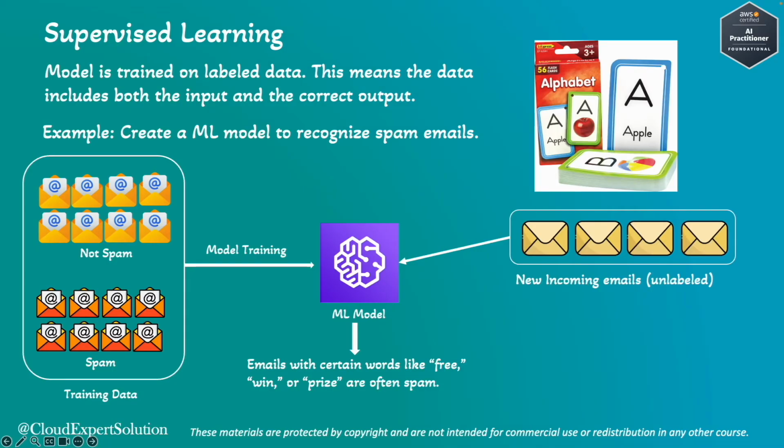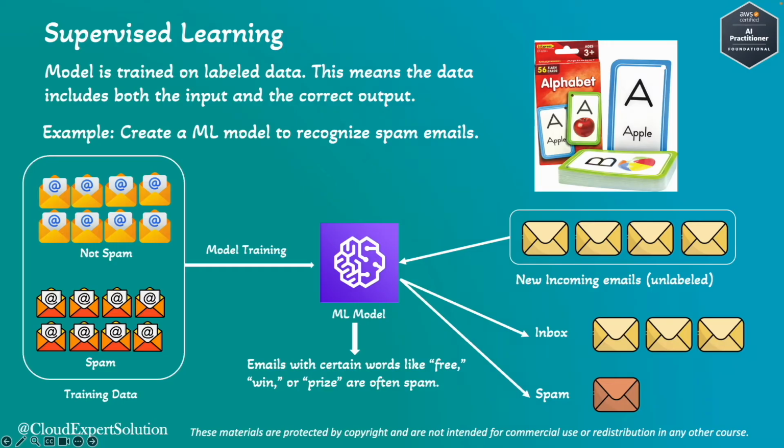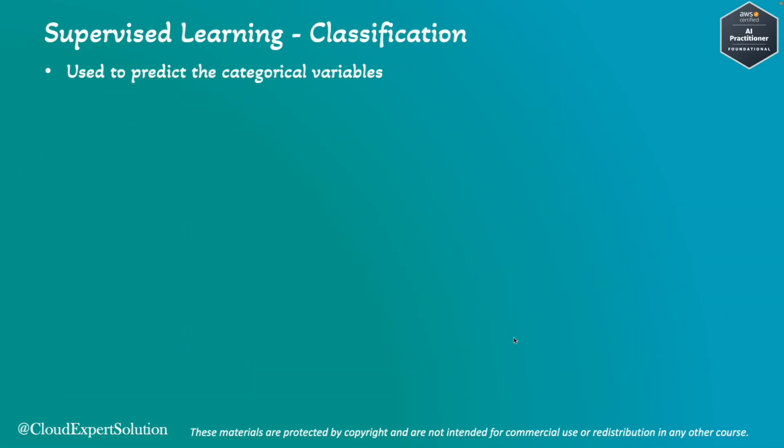Once the model is trained, if we feed it new incoming emails which are not labeled, then the model will generate predictions or inferences, and it will distinguish the emails which are spam from those which are not spam. Next, we'll review classification.